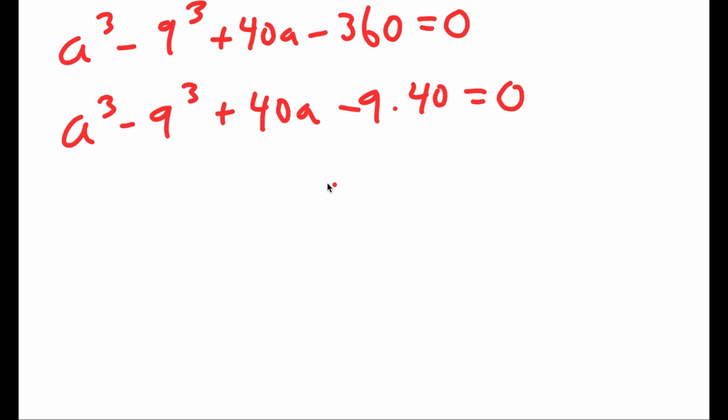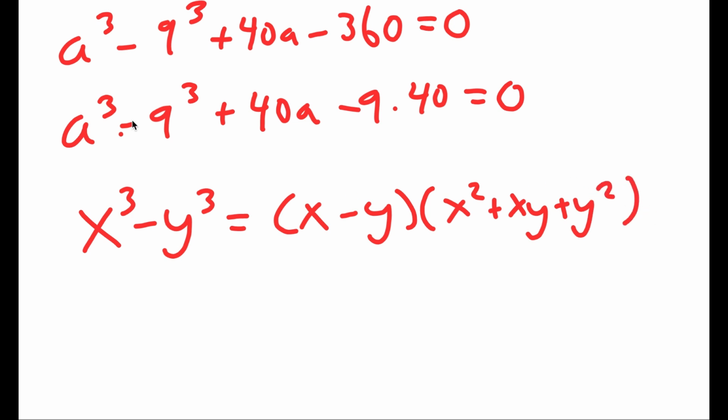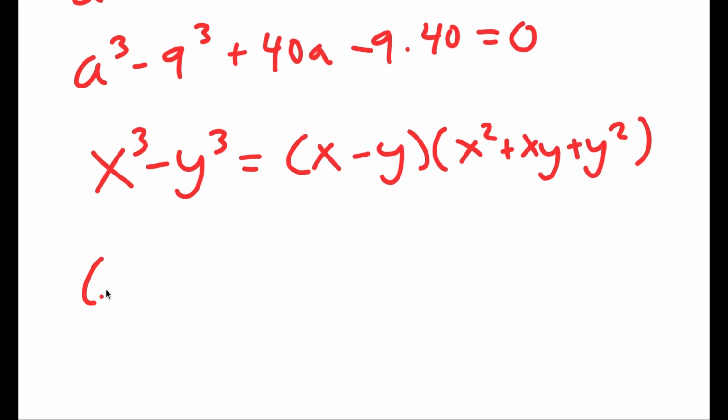So, if I have something in the form x to the power of 3 minus y to the power of 3, this is equal to x minus y times x squared plus xy plus y squared. So a to the power of 3 minus 9 to the power of 3 turns into a minus 9 times a squared plus 9a plus 9 squared, which is 81.